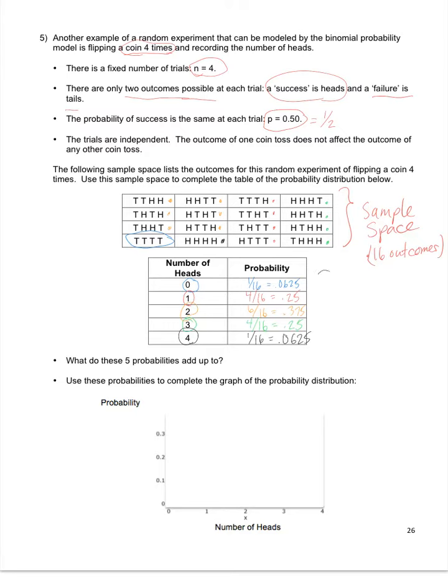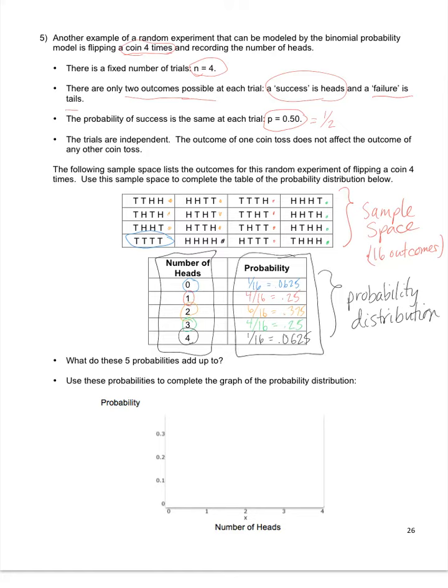Okay, so we've got our probability distribution given here. So again, remember that that's listing possible outcomes when you flip a coin 4 times, and the probability of each of those outcomes. Okay, so check. What do these 5 probabilities add up to?